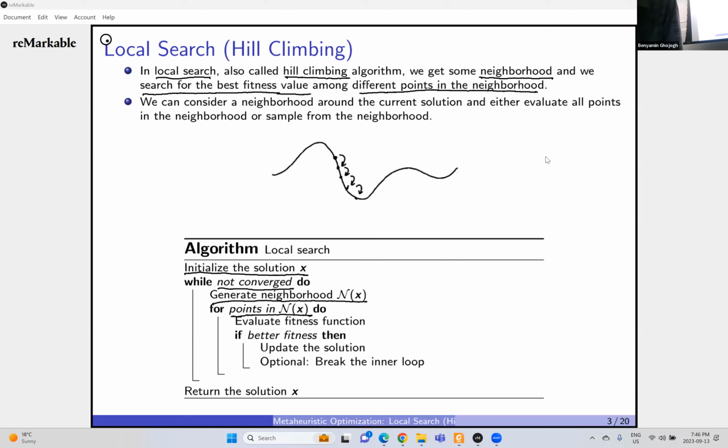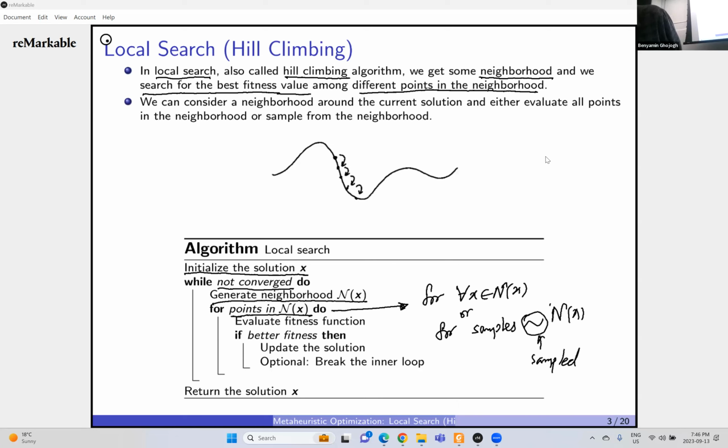For points in the neighborhood of x, in this line, you can either search all of the points in the neighborhood of x, or some samples from the neighborhood of x. By this notation I mean sampled. By the way, don't confuse it with the normal distribution. Here I mean neighborhood of x.